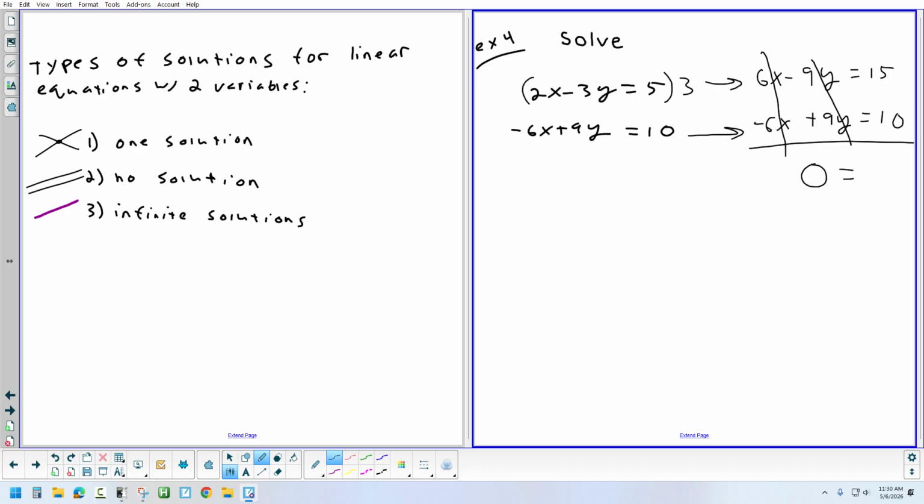You would have 25. Okay, when all the letters cancel out, that's a special case. Okay, you're done. We just have to interpret what that means. 0 equals 25. Okay, what do you think about that? 0 equals 25. That's not true. So what do you think that means about the solution?